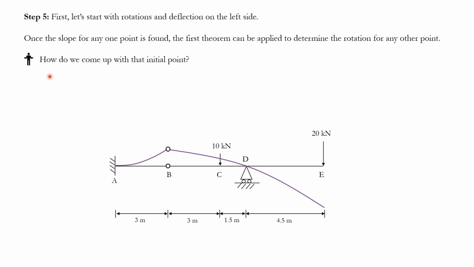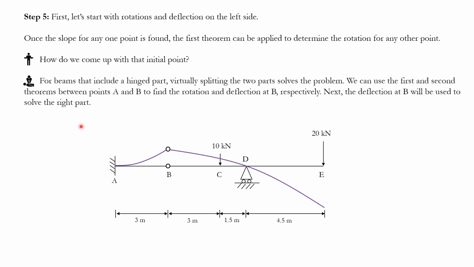So the point here is that we have to come up with an initial point because we know that slopes can be found. If I know the rotation for one initial point, I can go ahead and solve the rotations for the other points using the first theorem. Well, this question is pretty straightforward for part AB because I already know that the rotation at point A is 0. But in general, for hinged problems, we're splitting the two parts, as I mentioned before.